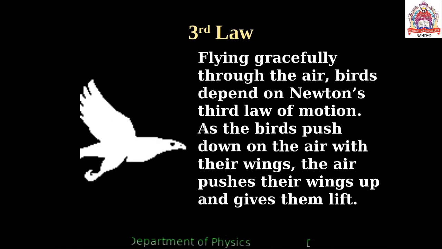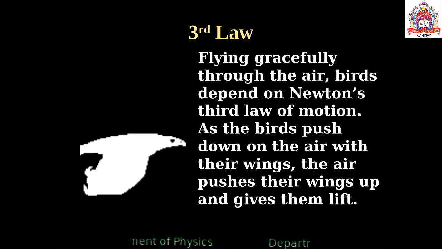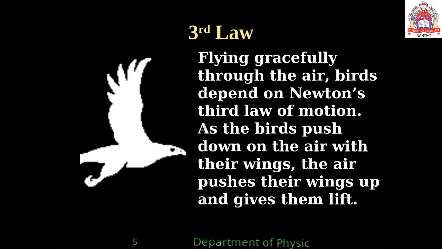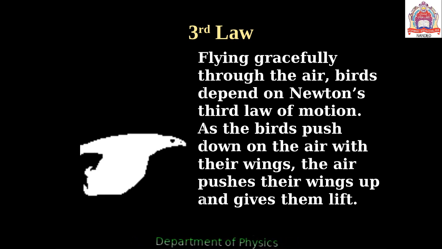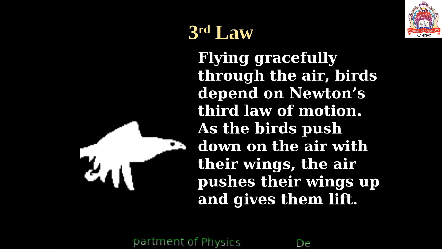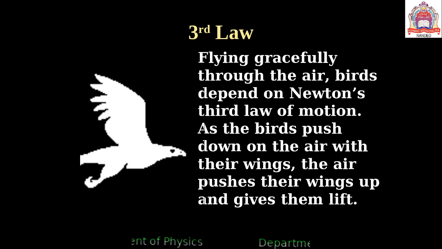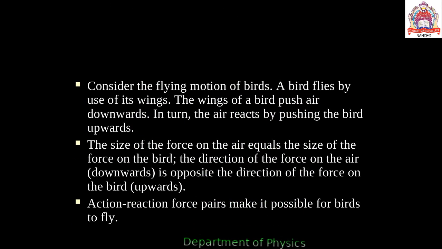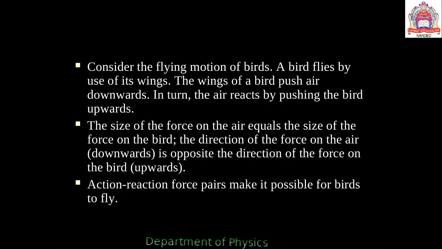Again, flying gracefully through the air, a bird depends upon Newton's third law of motion. As the birds push down on the air with their wings, the air pushes their wings up and gives them lift. Consider the flying motion of birds. The bird flies by use of wings. The wings of the bird push air downwards.